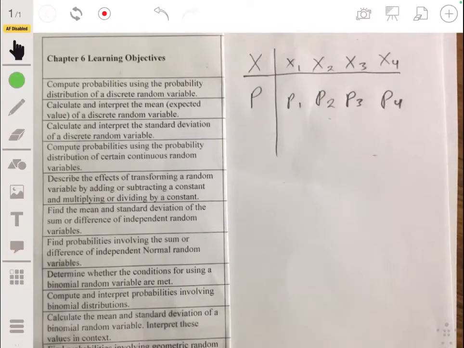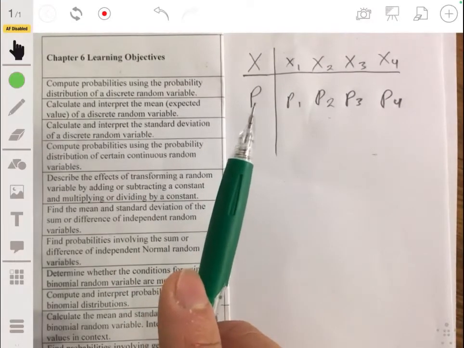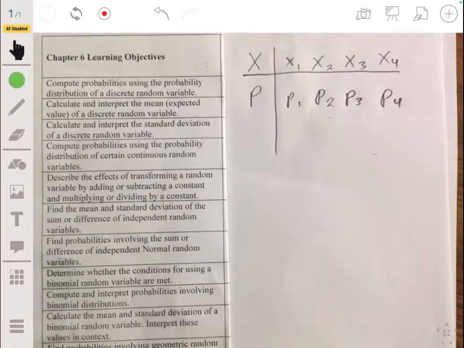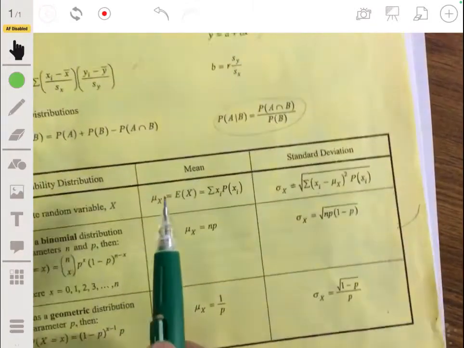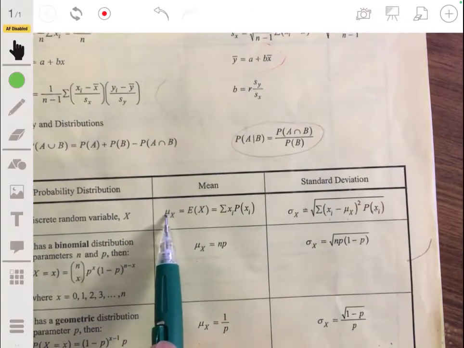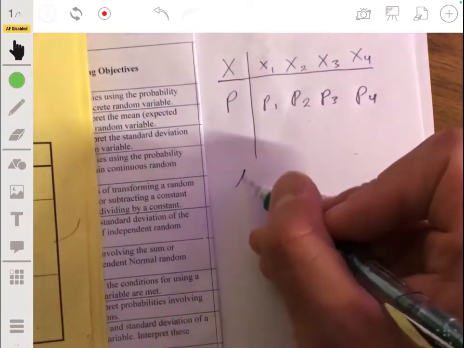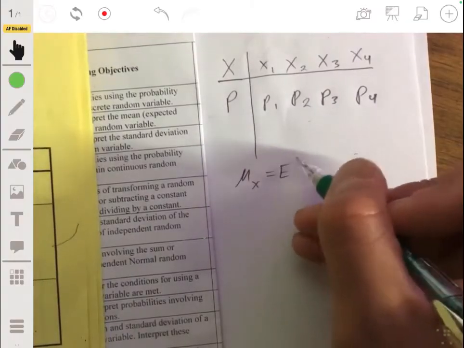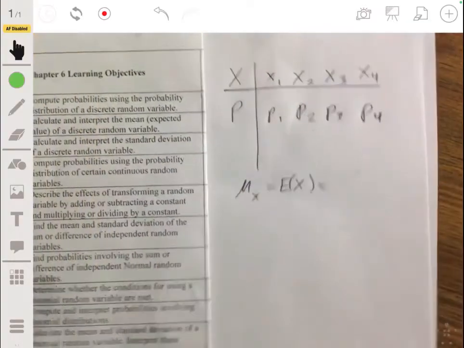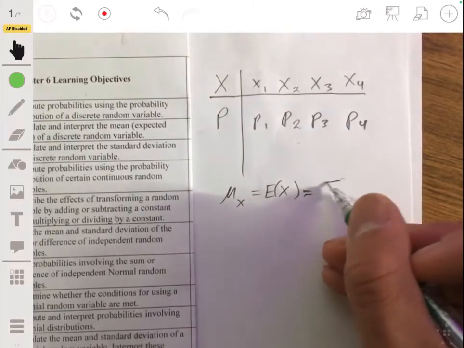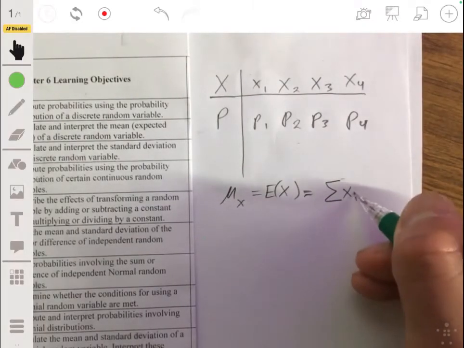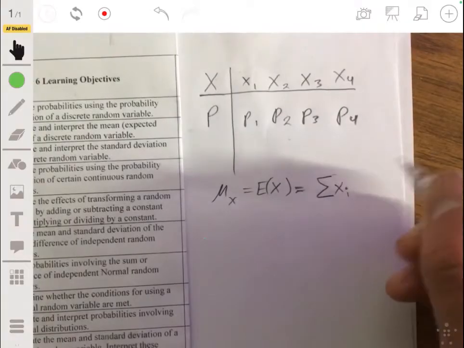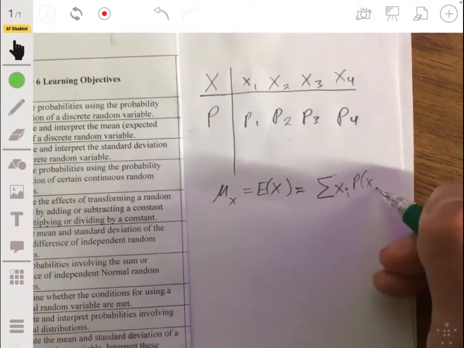Now when we're calculating the mean or the expected value of a discrete random variable, we're going to use this formula, which is given in your formula sheet, which I have right here, to make sure you have it as reference. The mean is represented with the symbol mu sub x, or we say expected value of x, which is the sum of each x value times its corresponding probability.